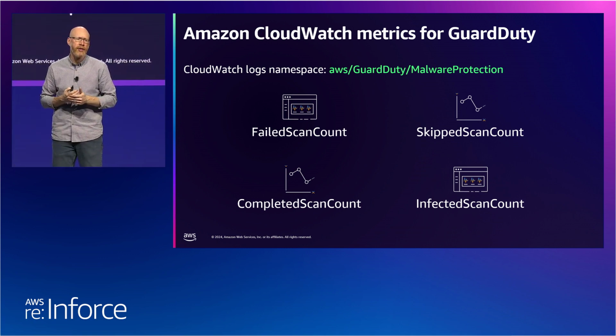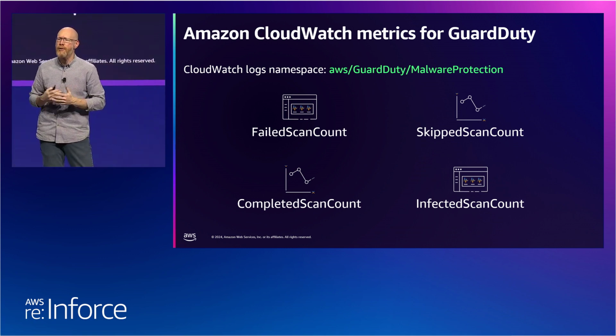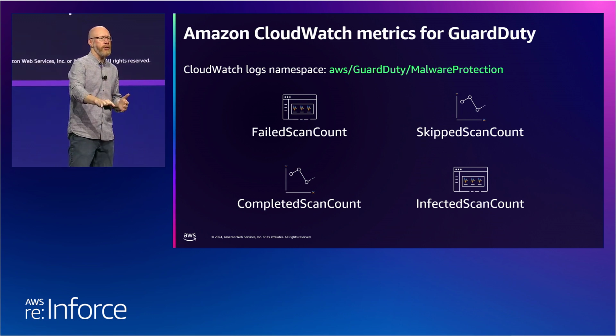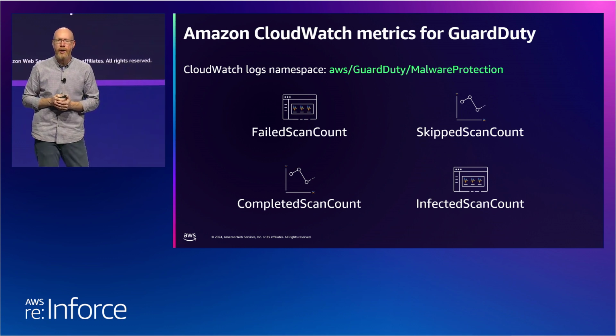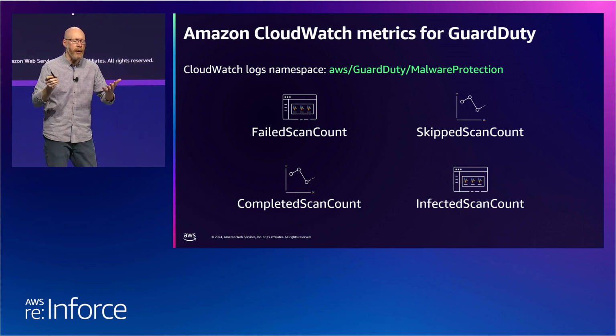That would make your security team want to investigate further that maybe you have some other event happening that's causing this. So those metrics are there for you to use and keep better status on what's going on across your GuardDuty and your S3 malware configuration.